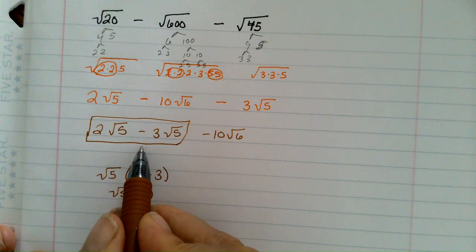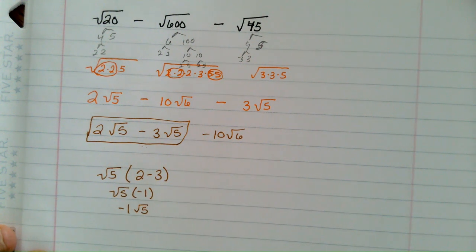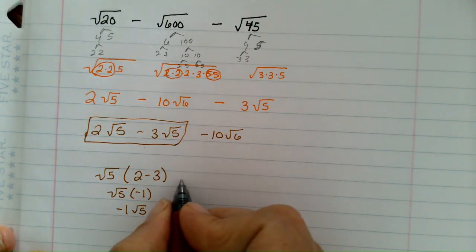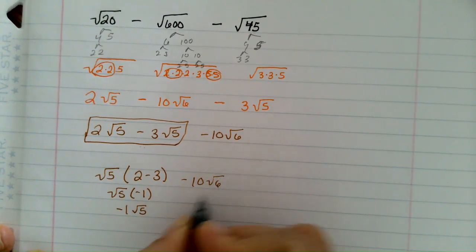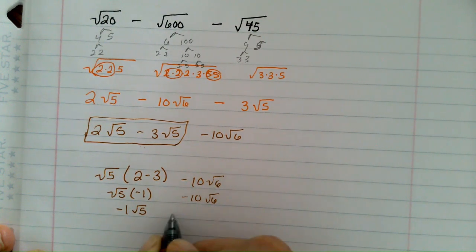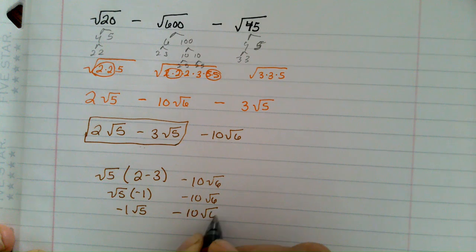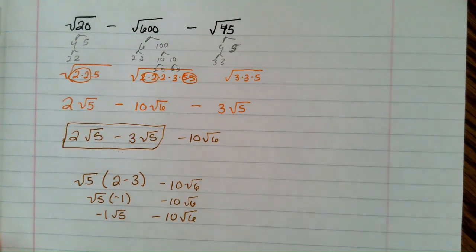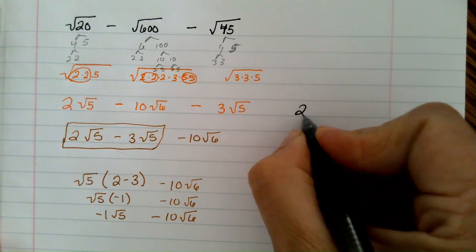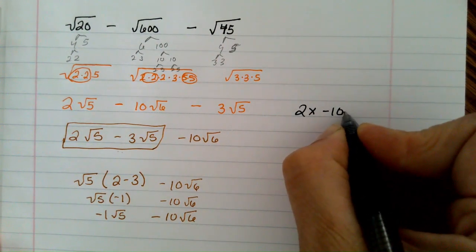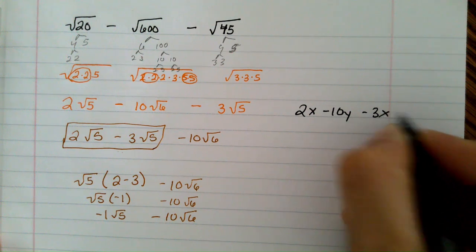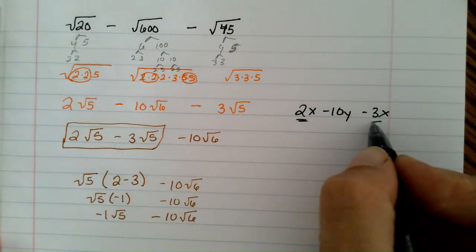And again, I was just talking about these terms. And I would still have minus 10 root 6, because I didn't do anything with it. Do you remember when you'd have like 2x minus 10y minus 3x, how you would call these like terms?